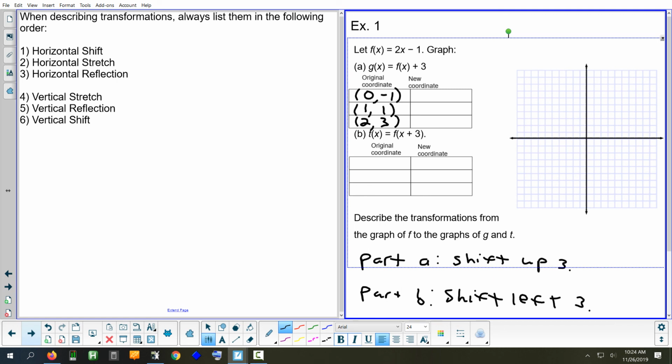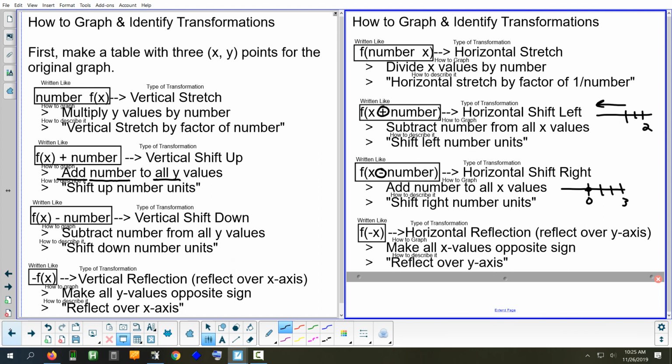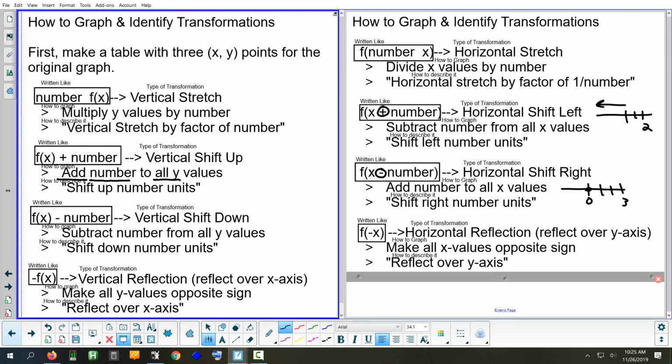Blake? 3. We shifted by 3, and we're going to add it to the, what did the chart say? The new coordinate. Add it to the y. The y. Let me go back. When you shift up, add the number you shifted by to the y.